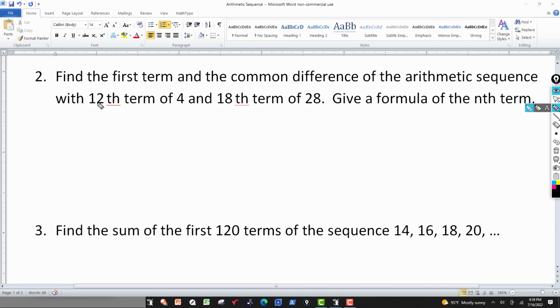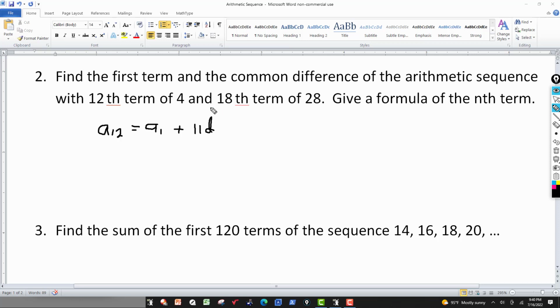So now, using the formula for the nth term, in general, the 12th term, or A12, will be given by the first term. We don't know that yet, that's what we're trying to find. The first term plus n minus 1, in this case n is 12, so this will be 11, times the common difference. That's what we're looking for also.